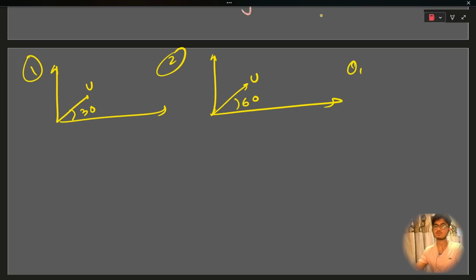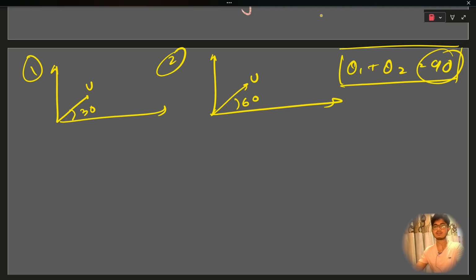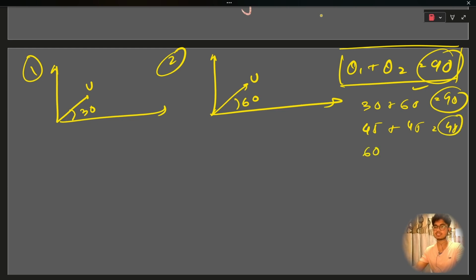You know the rule of complementarity, right? The addition of these two angles should be equal to 90. If the first one is 30, second one is 60, they are equal to 90, so they are complementary to each other. Also, suppose 45 plus 45, this is also 90. So 60 plus 30, this is also 90. Basically, you know complementarity, it's taught in basic maths.